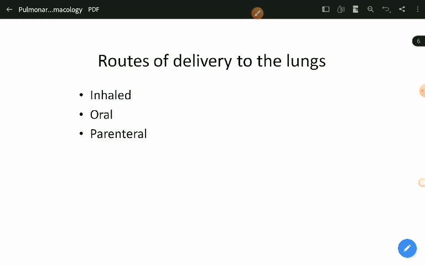We have SABA or short-acting beta-adrenergic, LABA, long-acting beta-adrenergic, and your corticosteroids, budesonide for example. Salbutamol for your SABA, salmeterol or formoterol for the LABA. Then for oral, we have oral salbutamol and theophylline. Parenteral, we have aminophylline.